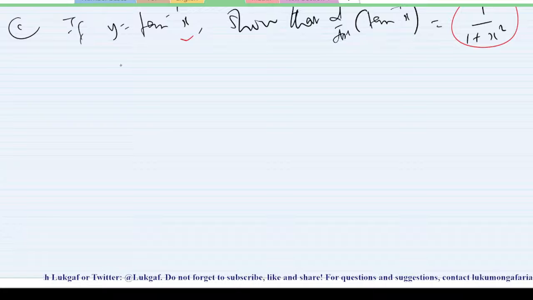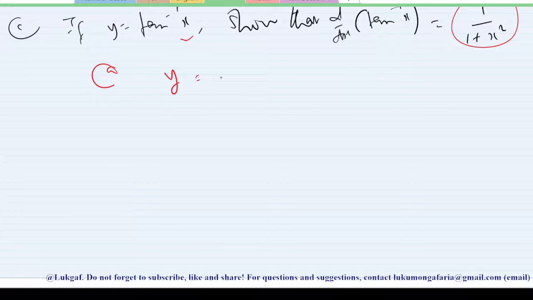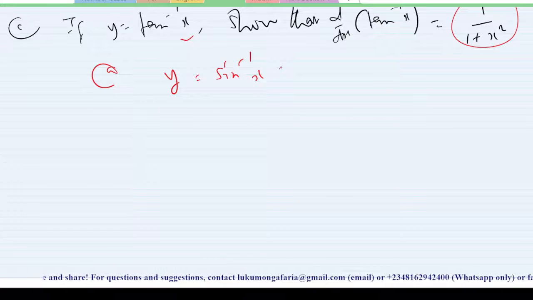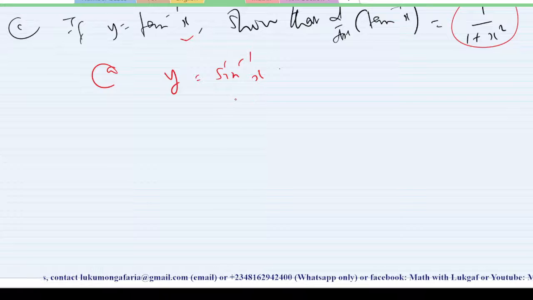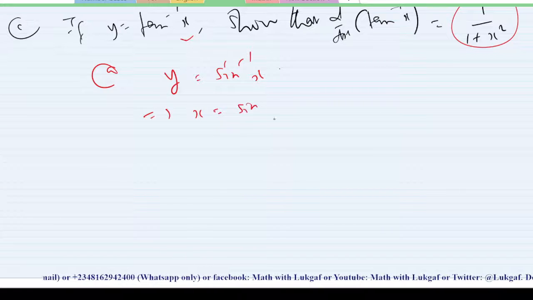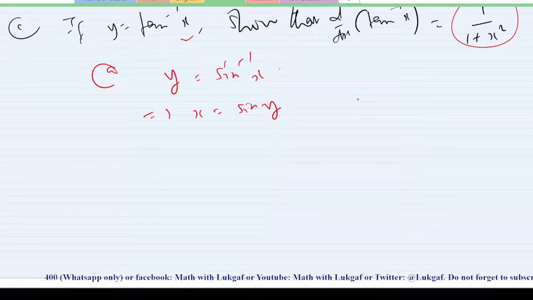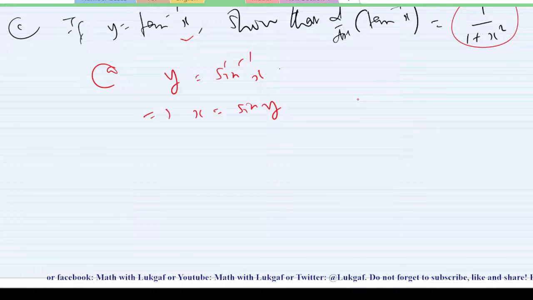The first one, I have y is equal to arcsine x. You understand now? If my y is equal to arcsine x, trivially my x is the same thing as sine y. Do you understand how that is? That is trivial.